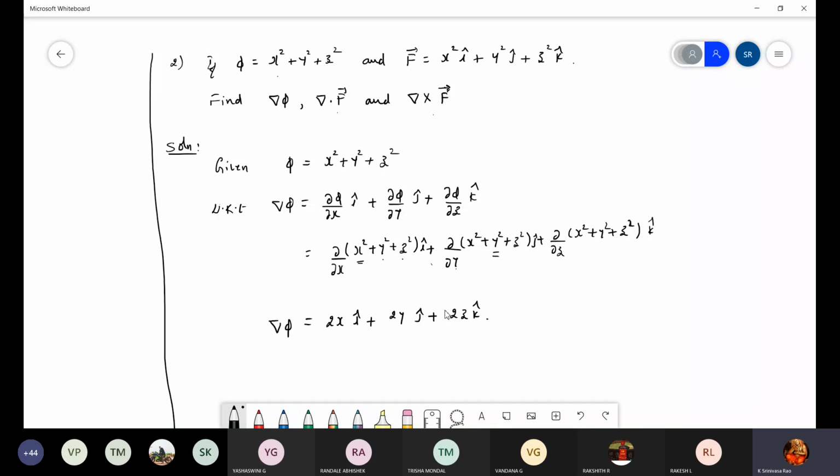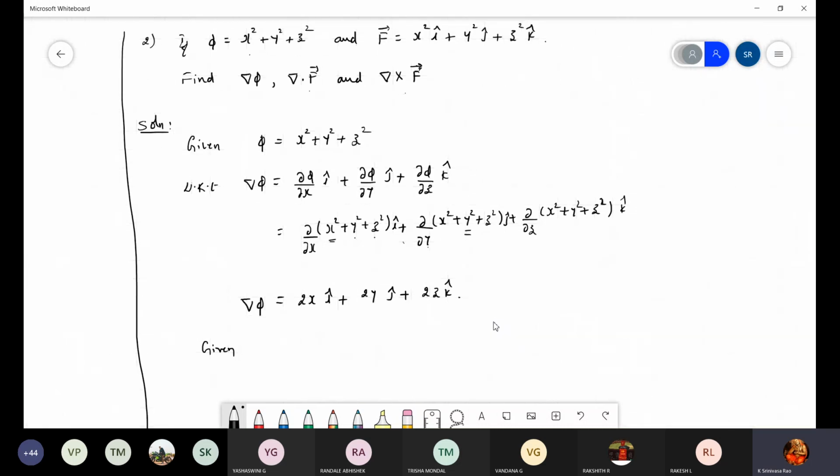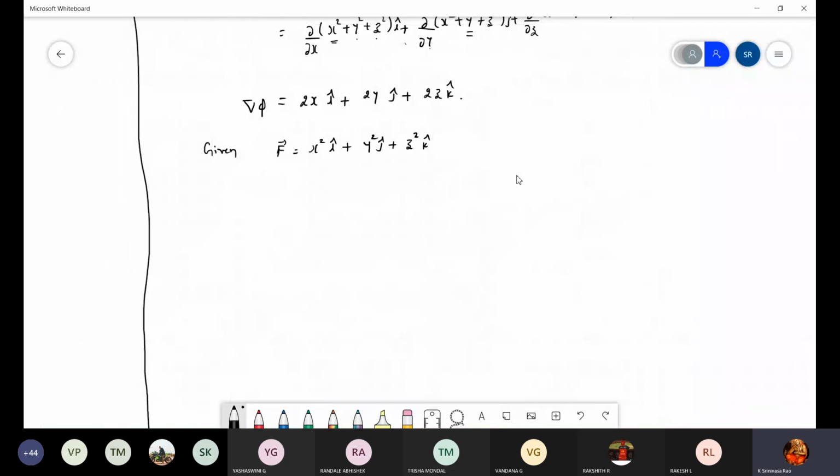Okay, next, given f equals x square i cap plus y square j cap plus z square k cap. See, if you want, you can denote f1, f2, f3 components, and you can substitute, you can differentiate.